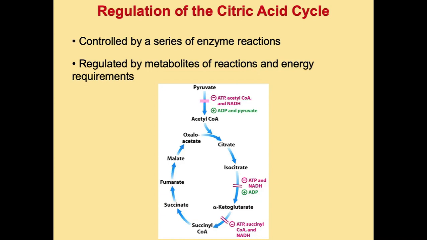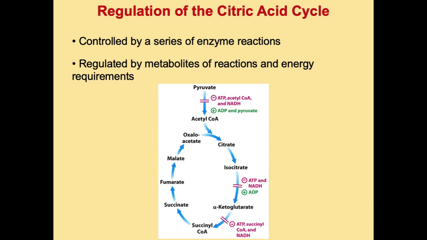Similar to any biochemical reaction you'll find in the body, this is controlled by a series of enzymes, and these enzymes are regulated by metabolites. You can see clearly from this diagram that the major regulators of this cycle are ATP and NADH, or ADP.